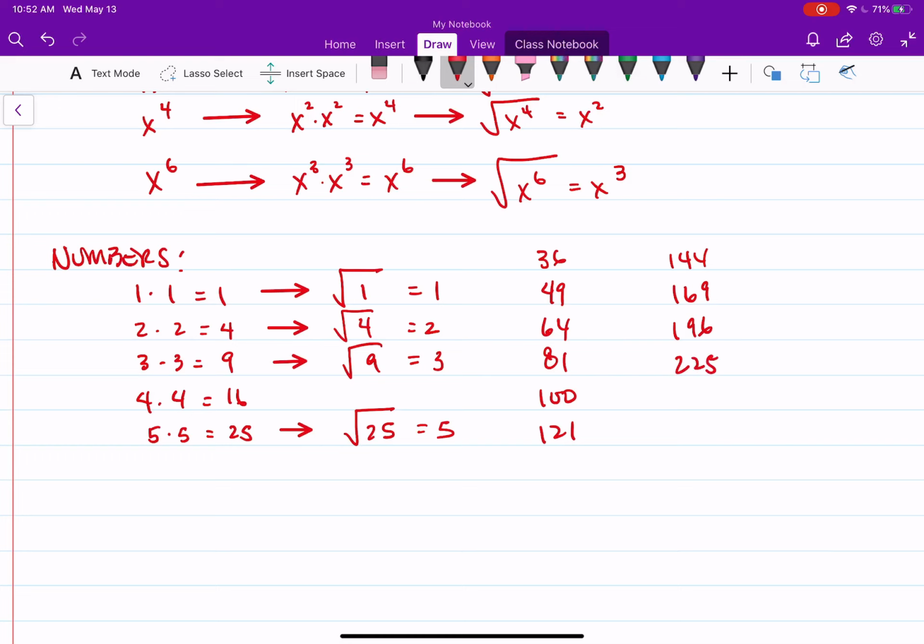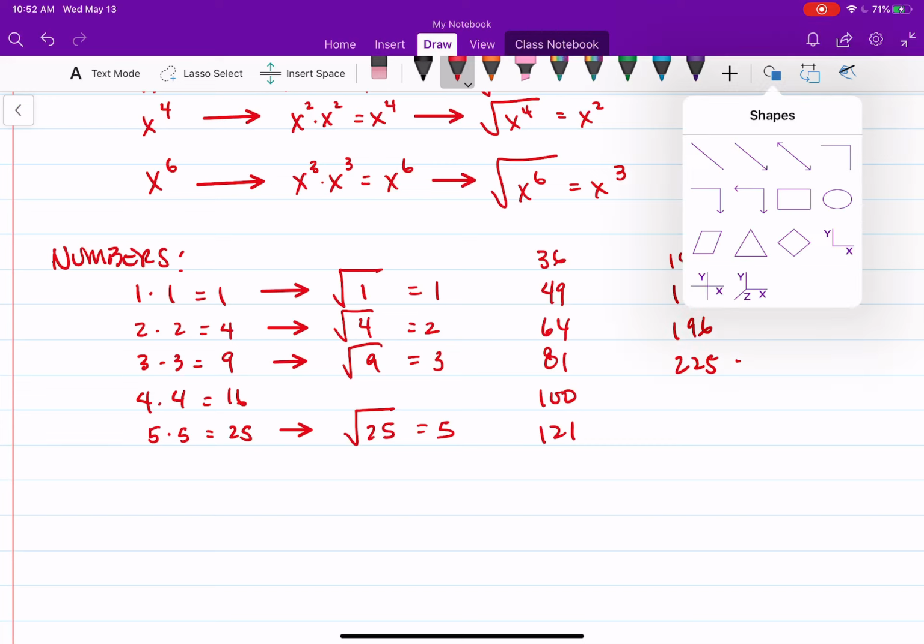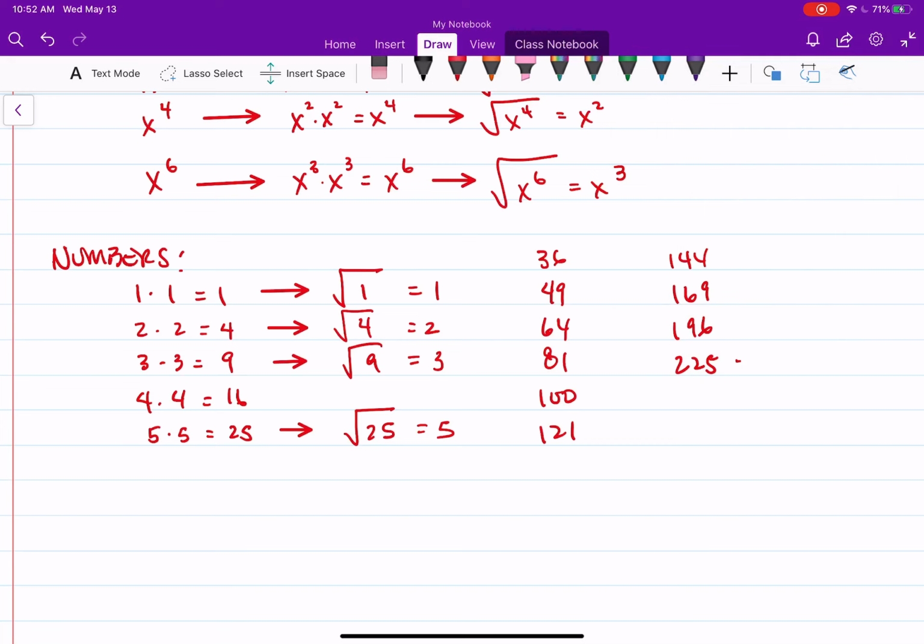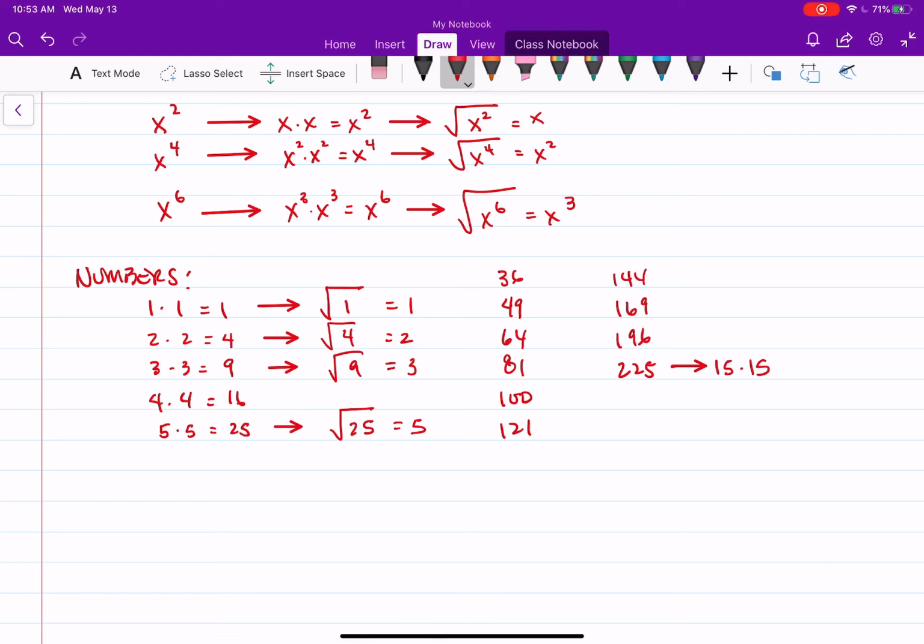That's as far as I remember, because the square root of it, this would be 15 times 15, okay? Or the square root of 225 is 15, okay? So just remember that. If you take the square root of it and it comes out evenly, then I know it is a perfect square.